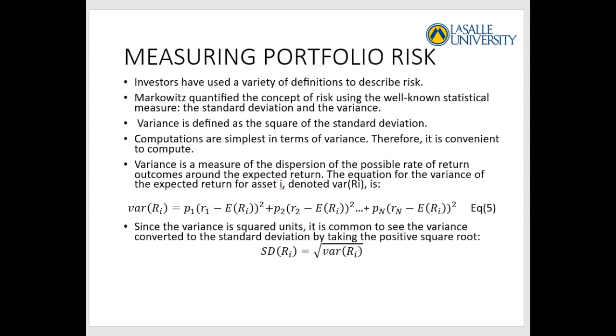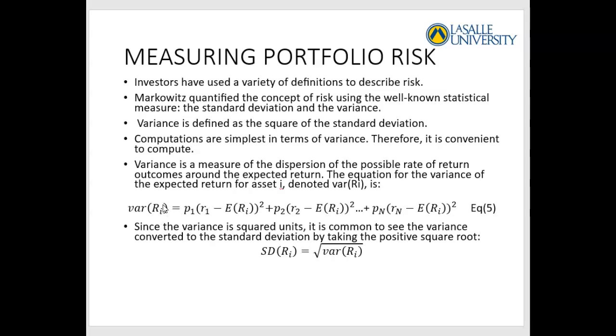So whatever the expected return is, how far away from the expected return each of the individual possible returns are is what the variance measures. And equation 5 here on the slide helps us calculate the variance for a risky asset, which we're calling Ri.